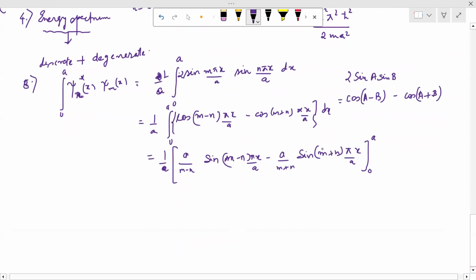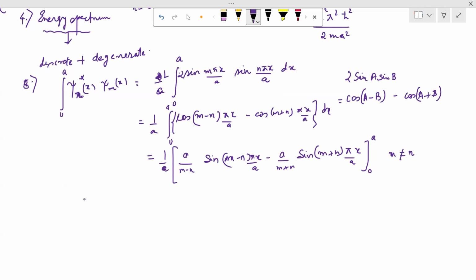Now, if m is not equal to n, if you place a here, this will become m minus n pi, so this will be 0. If you place a here, this is also 0.